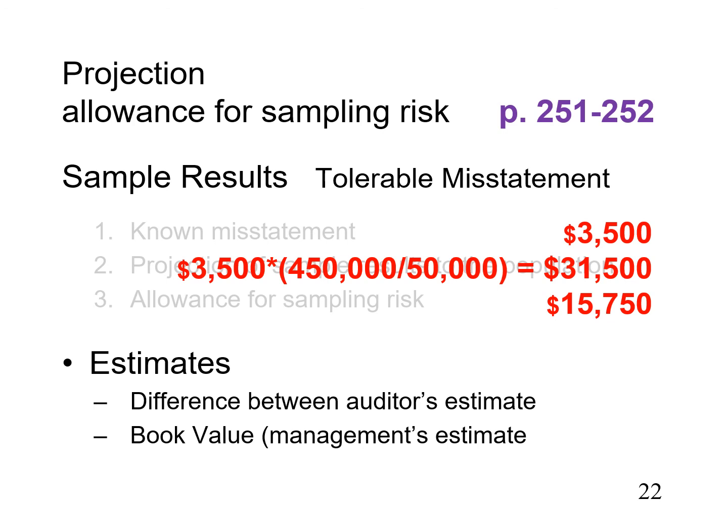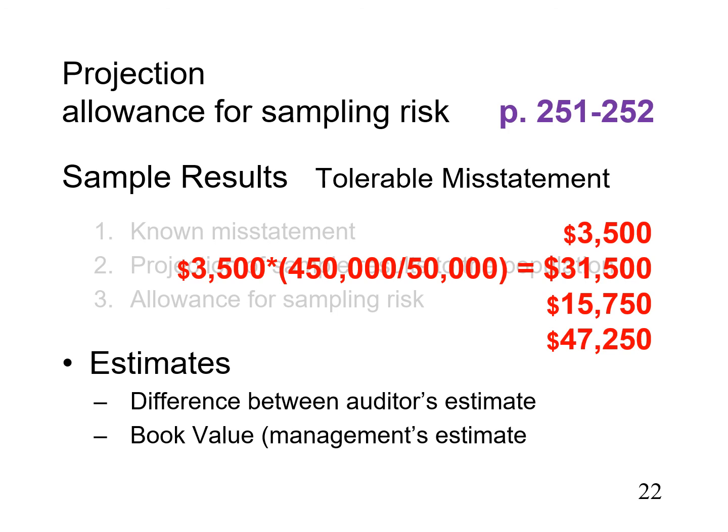If we add these together, it exceeds performance materiality, and I don't have adequate evidence to show that the inventory is not materially overstated. I don't have evidence that it is materially overstated, but I am not nearly confident enough to say it's not materially overstated.